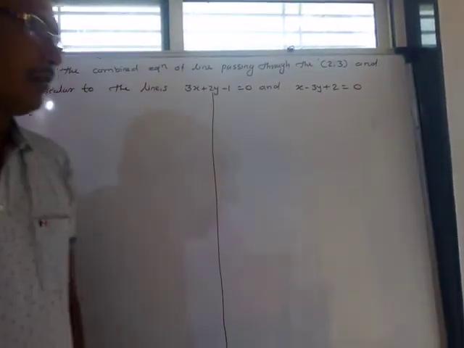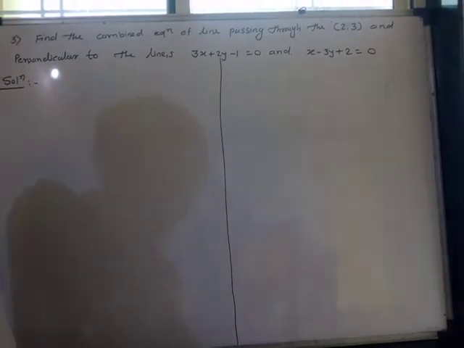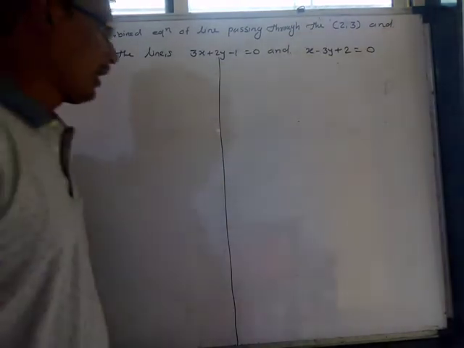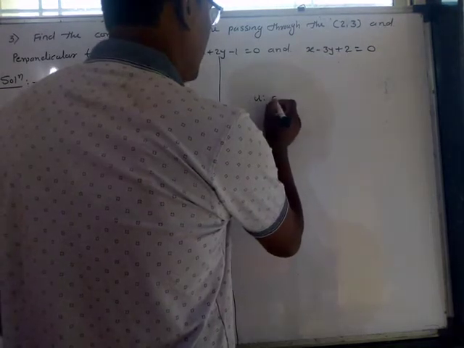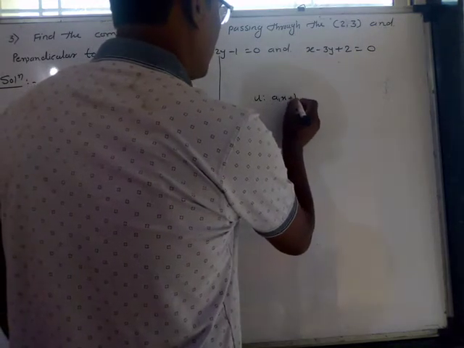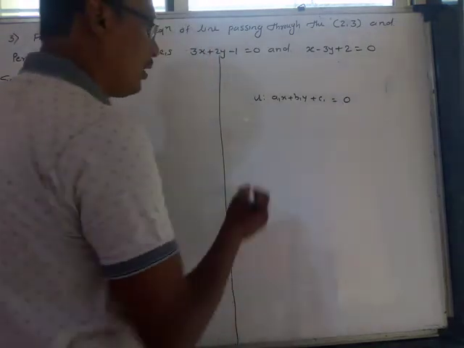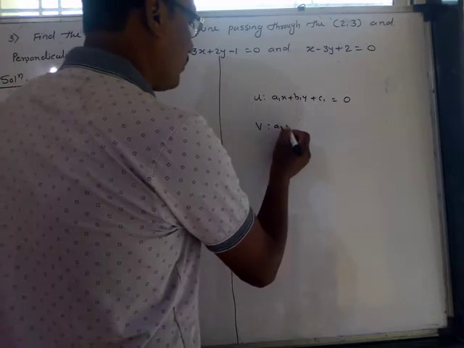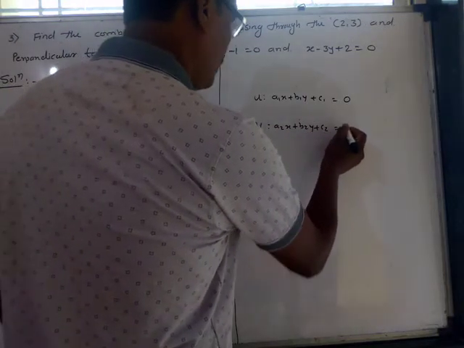In my last lecture, we started one chapter, that is the pair of straight lines, and we completed one point, that is the combined equation of the lines. So, what is the combined equation of the lines? Let u be the line a1x plus b1y plus c1 is equal to 0, and v be the line a2x plus b2y plus c2 is equal to 0.